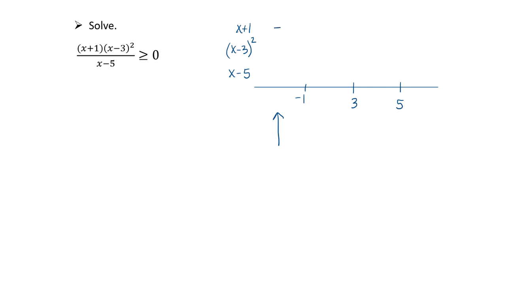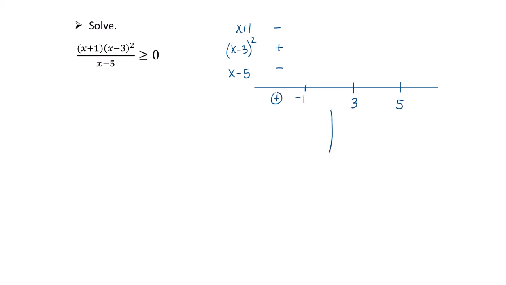Negative 2 minus 3 is negative 5. Negative 5 squared is a positive 25. Negative 2 minus 5 is negative. Here we have an even number of negatives, so this results in a positive interval for us.